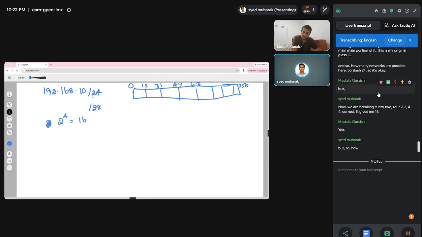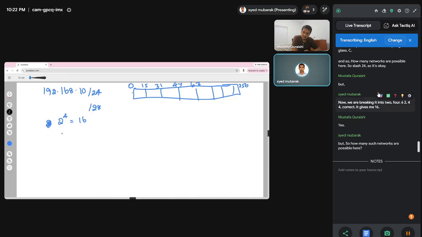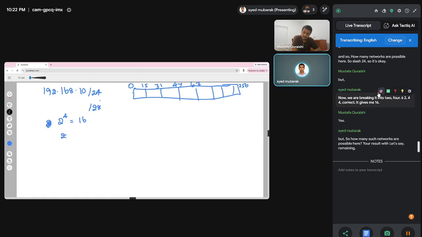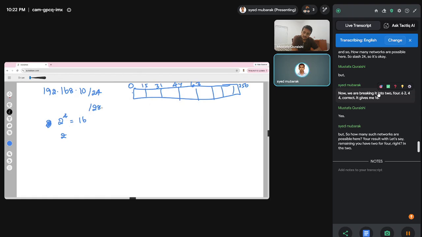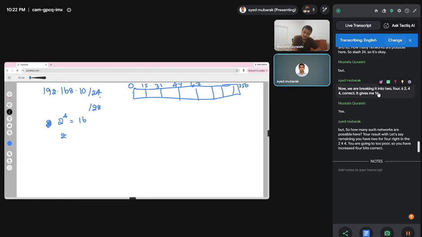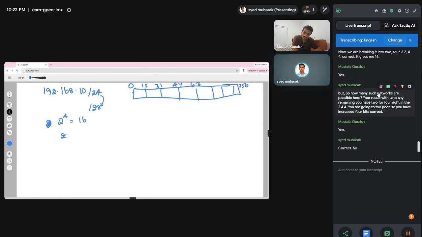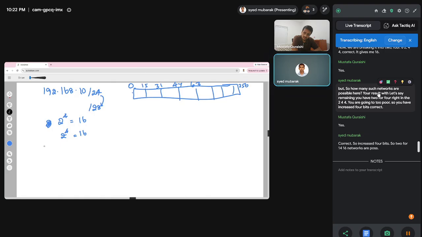So how many such networks are possible here? You have increased 4 bits, correct? Yes. So you increased 4 bits, so 2 power 4, 16 networks are possible, right?